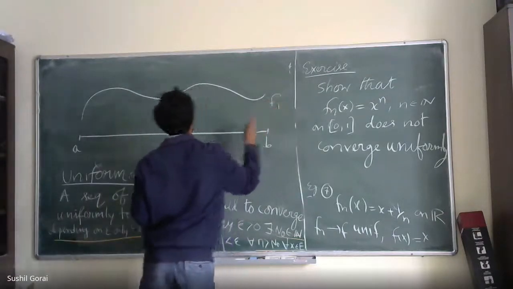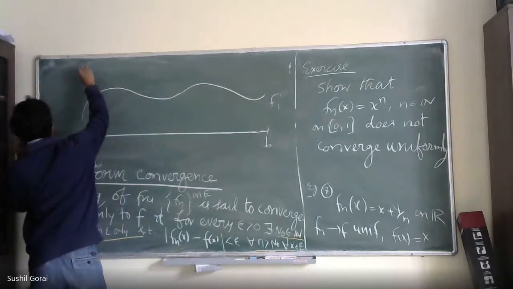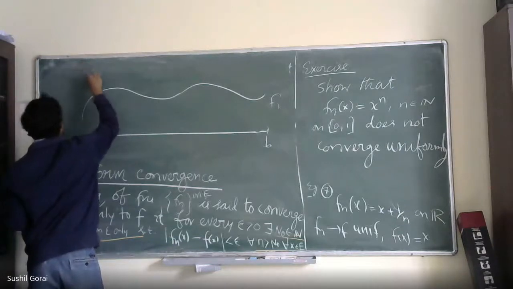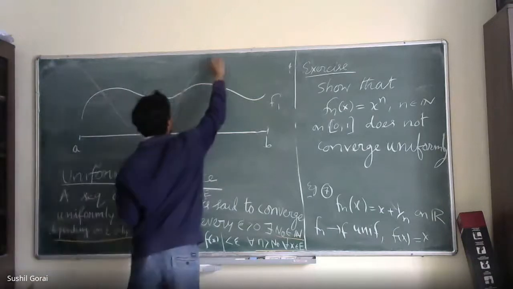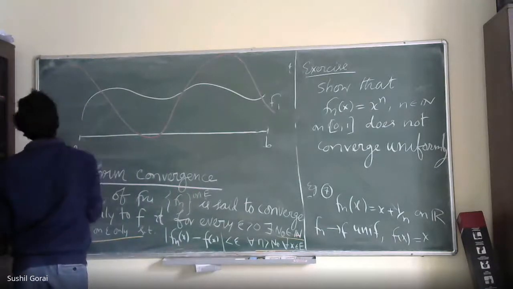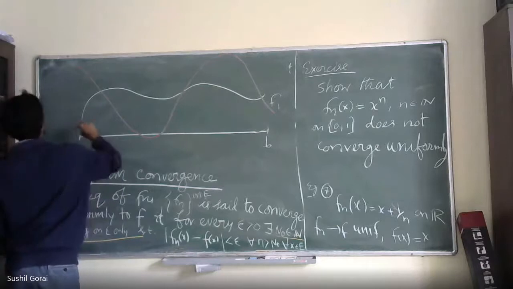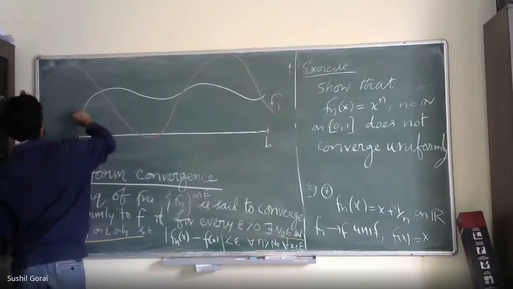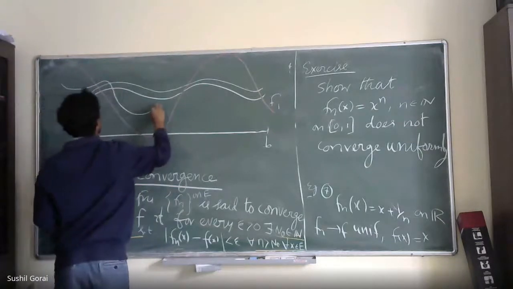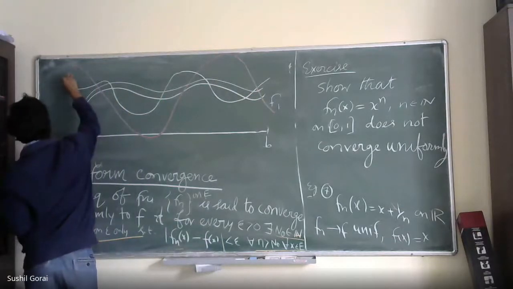Suppose this is function f1. So it might happen that something like this can happen, and let's say, right, you have these functions f1, f2, f3, f4.